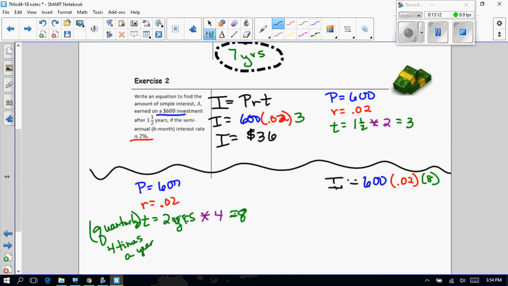So then when I go through and I grab my handy dandy calculator, I'm going to find that I'm actually going to make $96. So instead of it taking 8 years of simple interest, I can do that in 2 years because it's going to be handed over. The interest is going to be given to me every 3 months, 4 times a year.